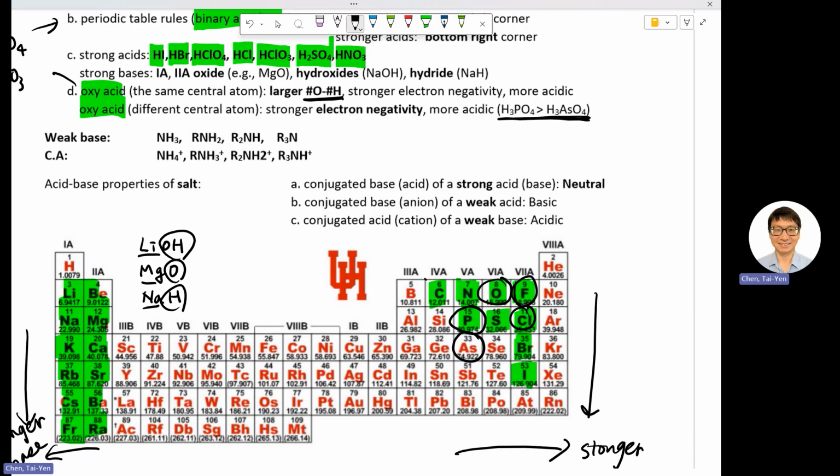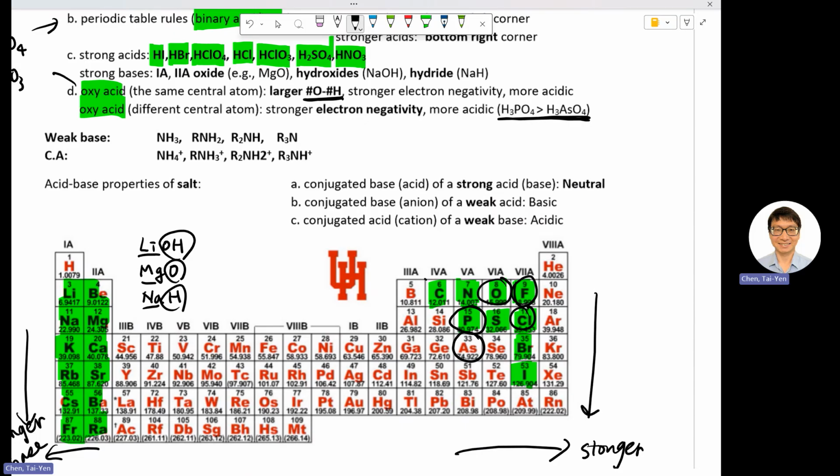But this one is actually just the opposite because it is not just a binary acid. It is an acid composed of 3 atoms, right? So you have multiple oxygen and hydrogen. Under this case, it is just the center atom that is different. Therefore, you use the electronegativity to predict the acidity.